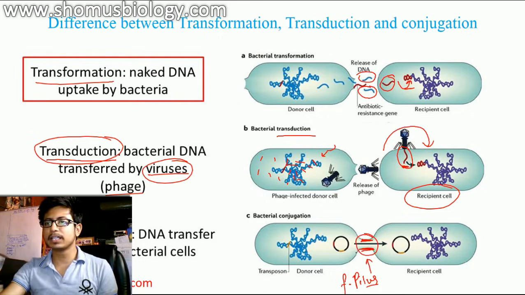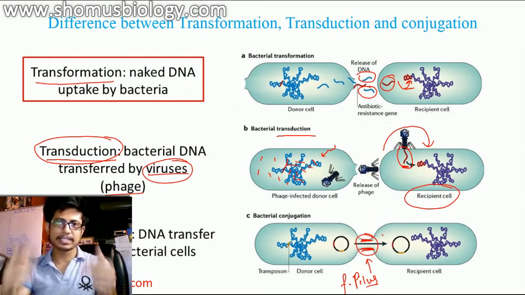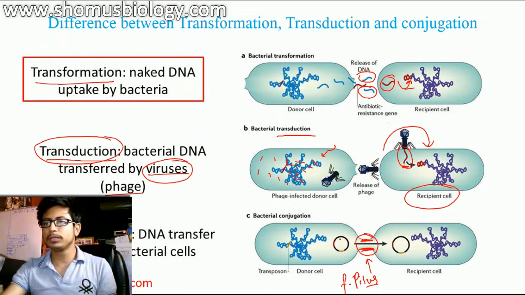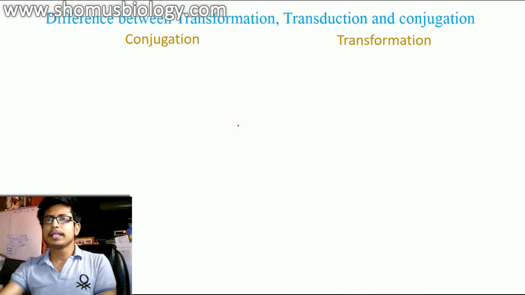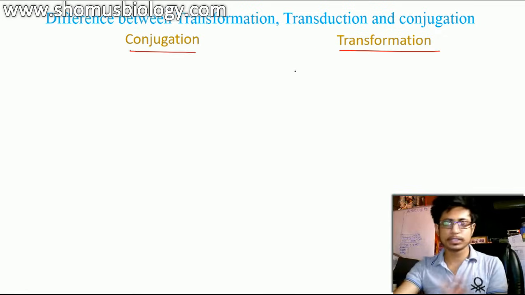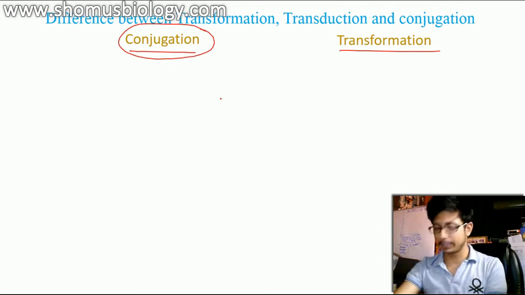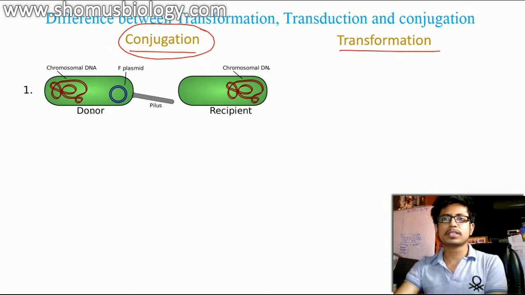This is a conjugation tube that is formed between the two adjacent cells, and through this tube they can transfer genetic content, even plasmids, from one bacteria to the other. This is a direct contact process. Now if we distinguish between conjugation and transformation step by step, let's look at the conjugation process at the beginning. We know in this process we have one donor and one recipient.